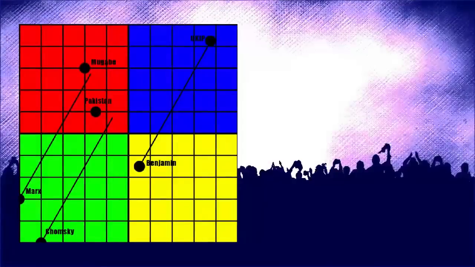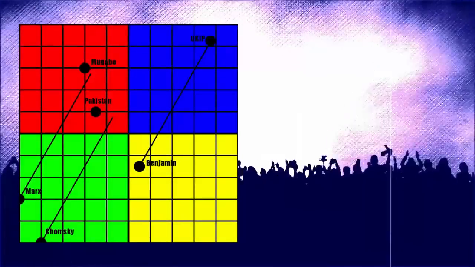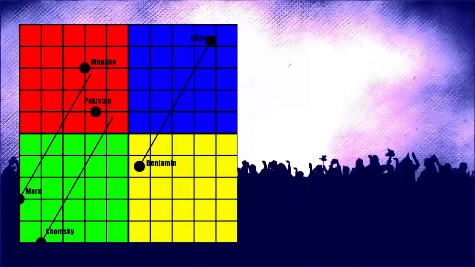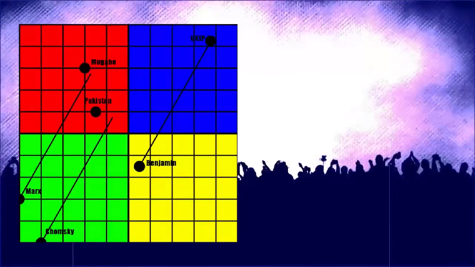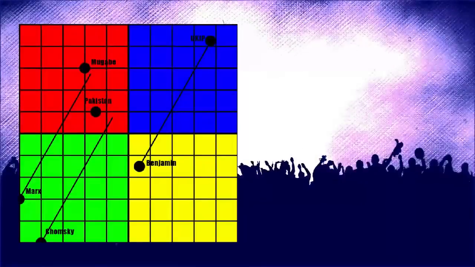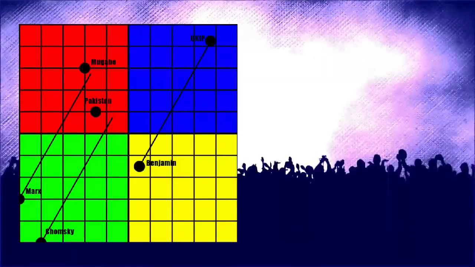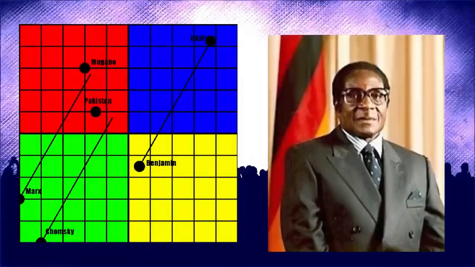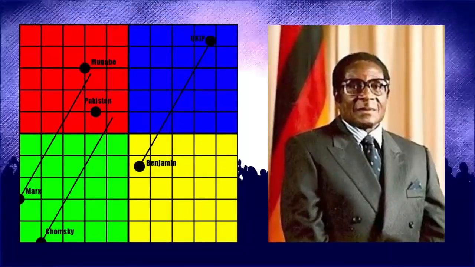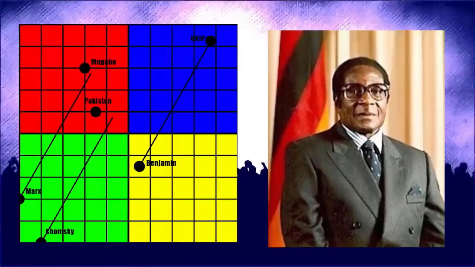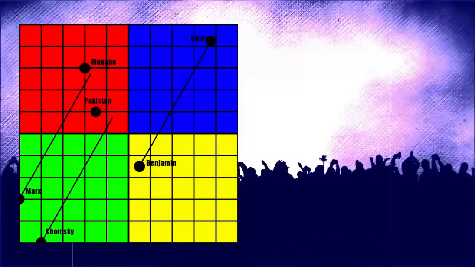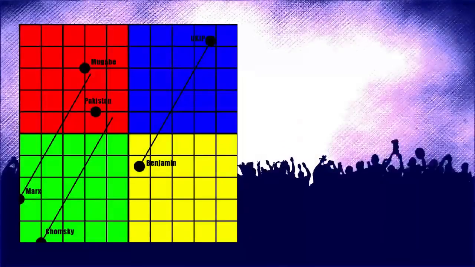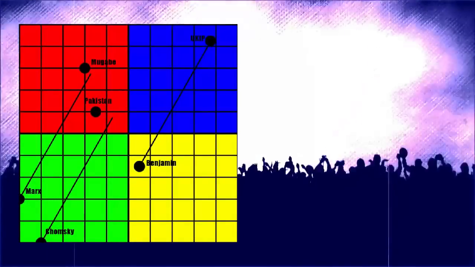Well, after we shift Karl Marx by the same amount, what do we find? We find that Marxism shifted by the same amount of difference between Karl's position and UKIP's position puts it worryingly close to Robert Mugabe of Zimbabwe, who ran a brutal dictatorship that embraced inequality, basically the antithesis of Marxist theory.